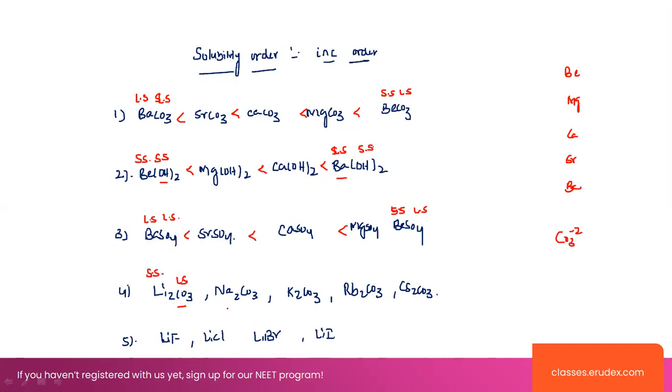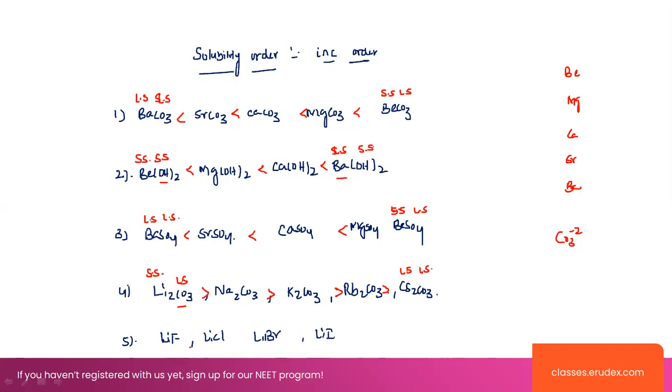Coming to the next one, cesium carbonate will be of large size and here it is also large size. So here the solubility order will be more for small size and large size. This is the order.